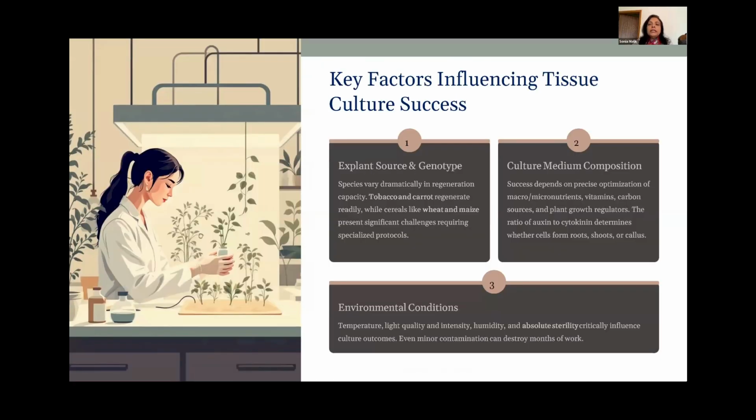And now, what are the different key factors which are responsible for the tissue culture success? The very first and very important part is the explant source, like which kind of explants we are going to select or choose.